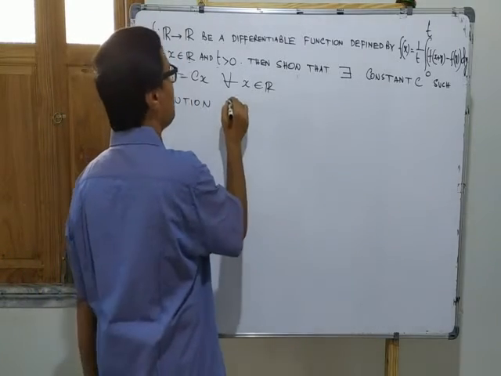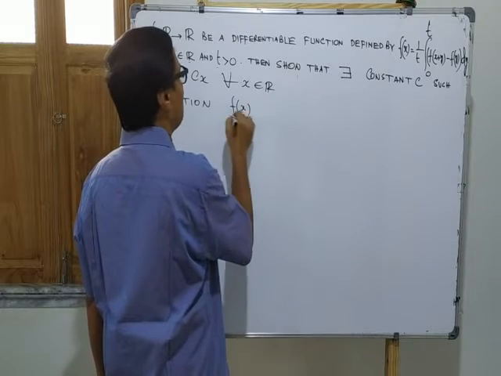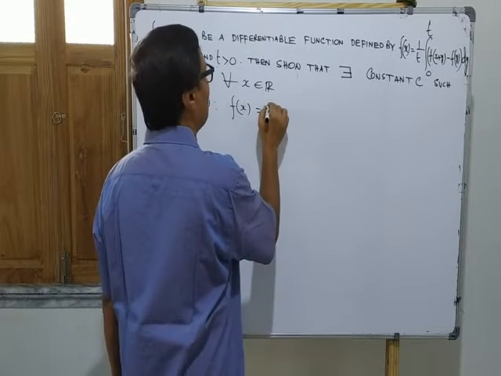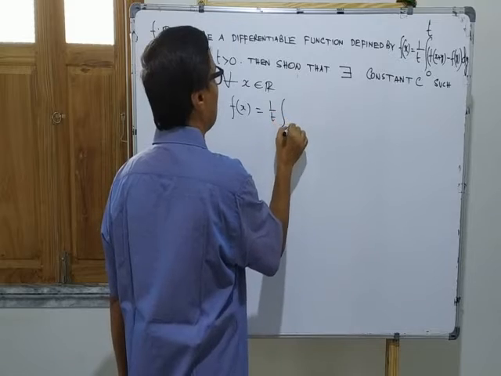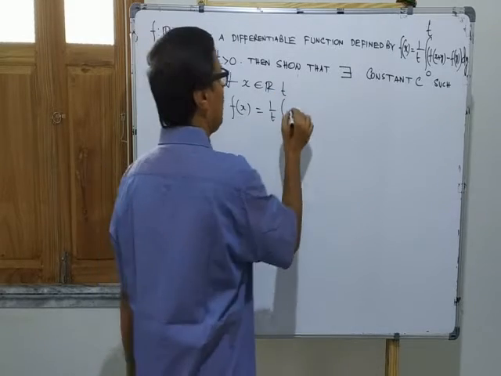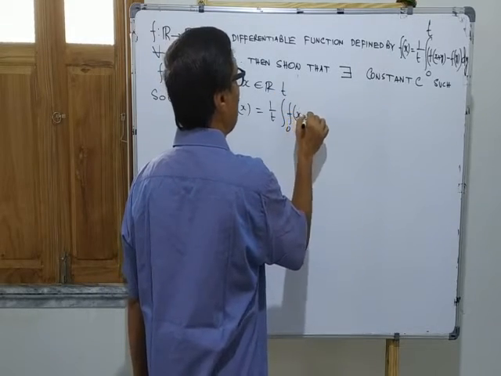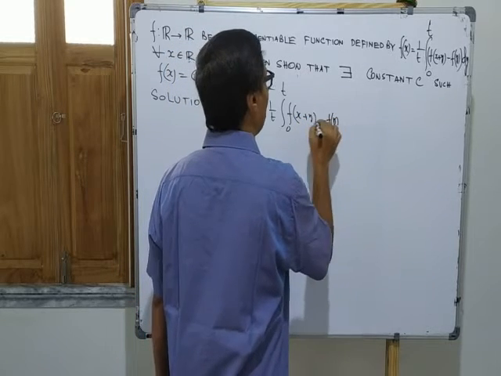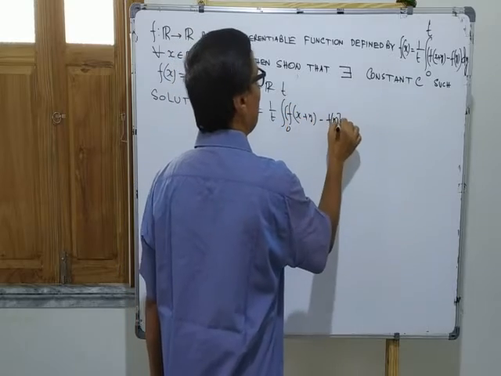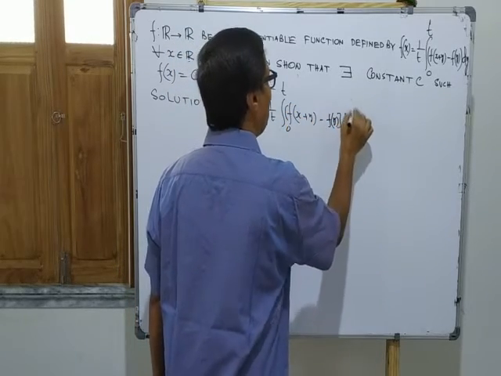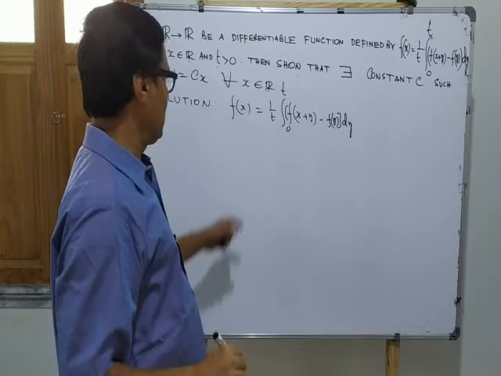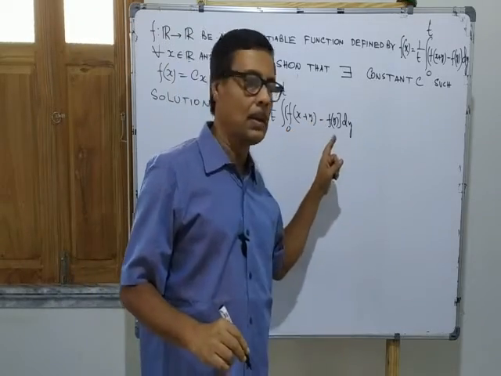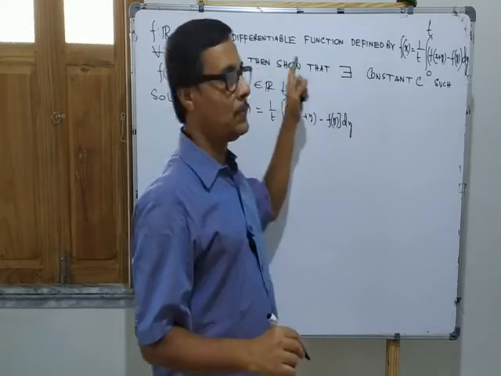Here the function's equation is given as f(x) equal to 1 over t integral from 0 to t of f(x plus y) minus f(y) dy. You can see that the function is integrable because the function is differentiable.